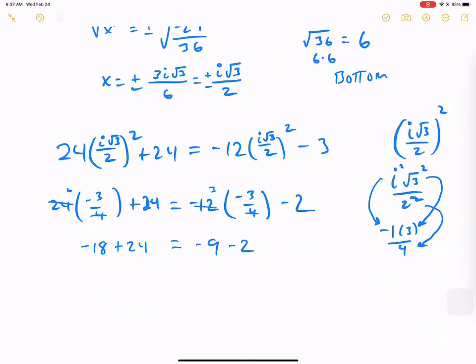Uh-oh, this doesn't look right. Oh, that's a 3, and this was a negative, so that becomes a positive. I miscopied it, sorry. So that becomes a 6 is equal to a 6. And we are winning. Okay, maybe we're not winning, but we're not losing at least, right?